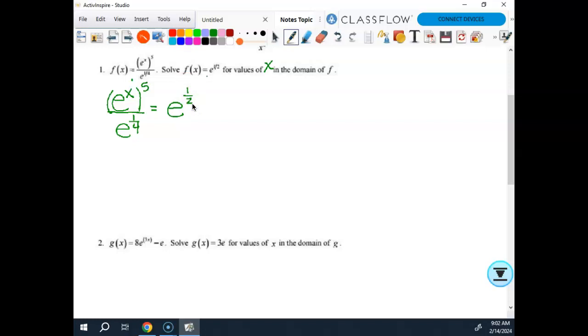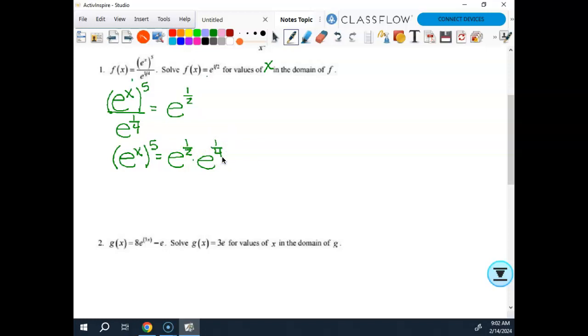So just like any other equation, as long as the fraction is isolated, the next thing we want to do is get rid of that denominator, right? So I'm going to multiply both sides by e to the 1/4, so I'm going to get e to the x to the 5th power equals e to the 1/2 times e to the 1/4.